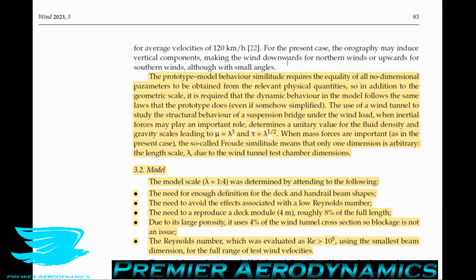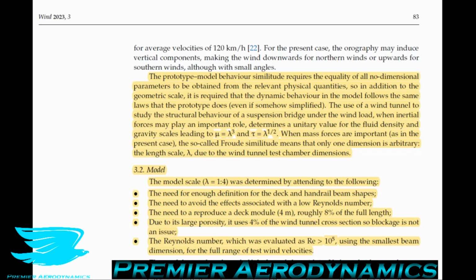So in this particular case, the mass ratio is proportional to the length scale cubed. The time scale ratio is proportional to the square root of this length scale. So in other words, if you have an object which is 1 meter and you drop it to 0.1 meters, so a factor of 10, the mass ratio will drop by a factor of 1/10 cubed, whereas the time scale ratio will drop by 1/10 square rooted.